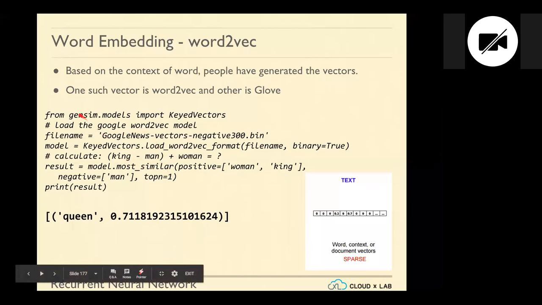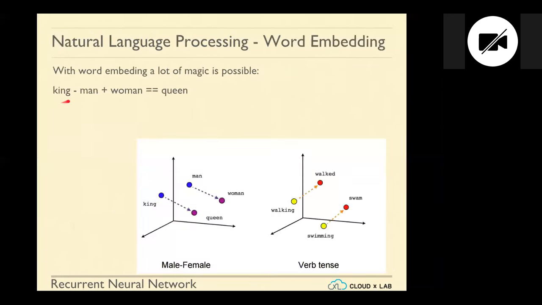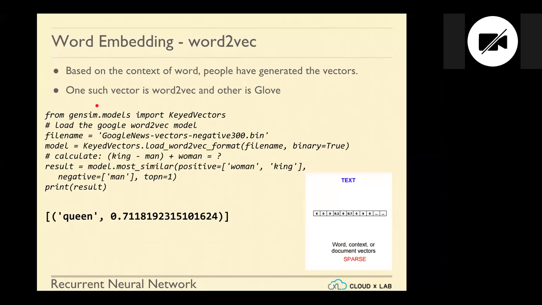Here you need to import the Gensim model, so you have to also install Gensim. Gensim is a library which has implemented Word2Vec. Word2Vec is an algorithm from Google which details how to convert a word into an embedding.